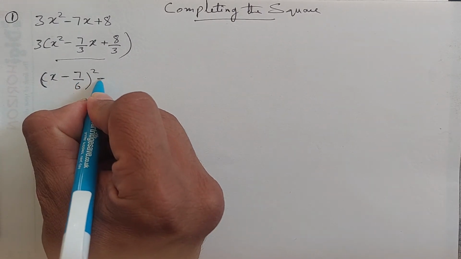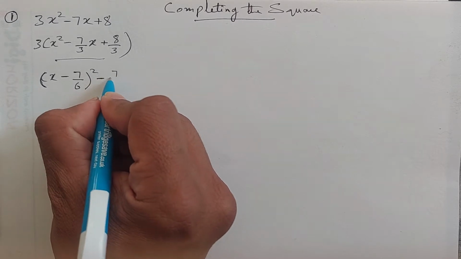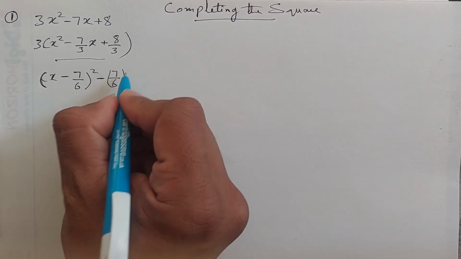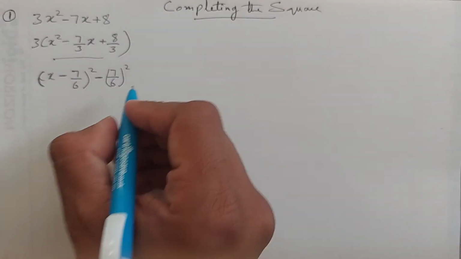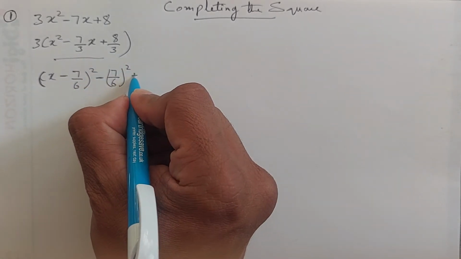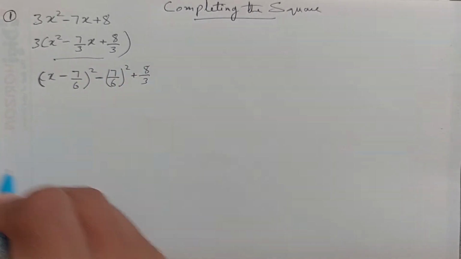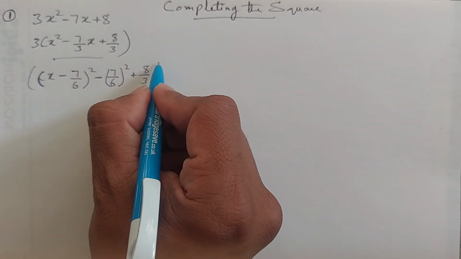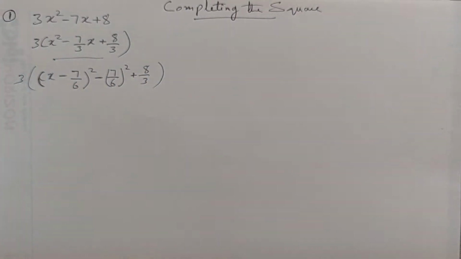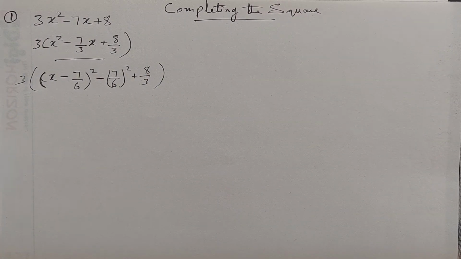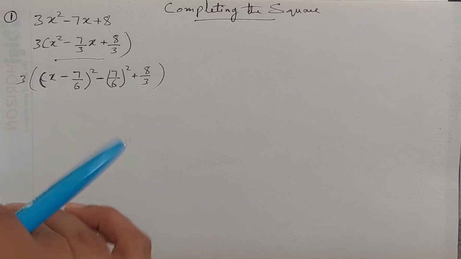Always write minus here, then square that number, which is 7 over 6 whole squared, and bring it down, that 8 over 3, and that 3 will be outside. So hope this is clear, guys.